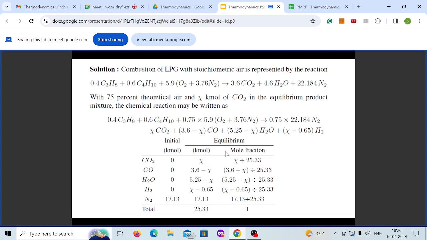So at equilibrium, if we assume x kilomoles of carbon dioxide, we have 3.6 minus x kilomoles of carbon monoxide, 5.25 minus x kilomoles of water, x minus 0.65 kilomoles of hydrogen, and the same 17.13 kilomoles of nitrogen, which is inert. So if we add this up, we find that we have 25.33 kilomoles.